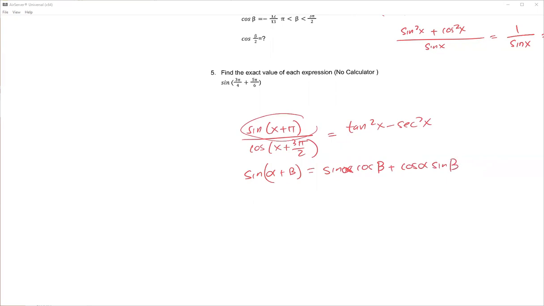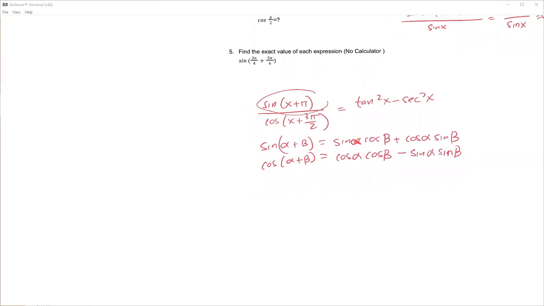And then cosine of a plus b is equal to cosine a cosine b minus sine a sine b. Okay, so these are the two formulas I'm using, so I could get to the tangent squared minus secant squared, right?